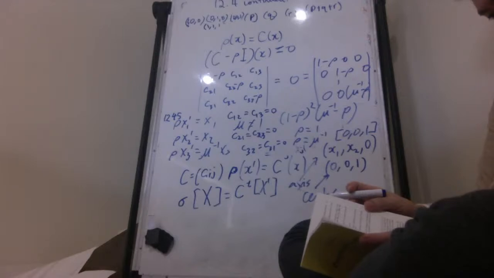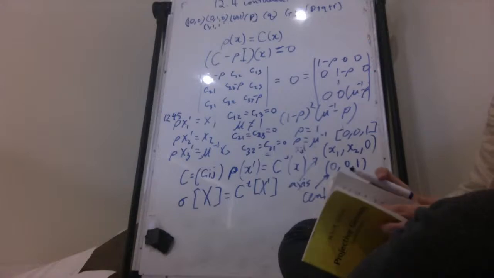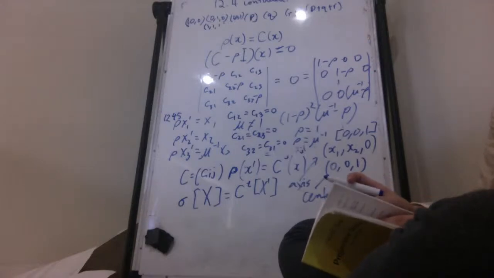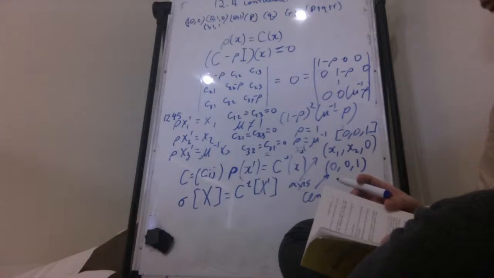Maybe we need 6.26 as well, because that says all the invariant points of an elation lie on the axis. And so in particular, there's one that doesn't lie on the axis, so that makes that a homology. It's interesting because we haven't really checked whether it's the center or not.